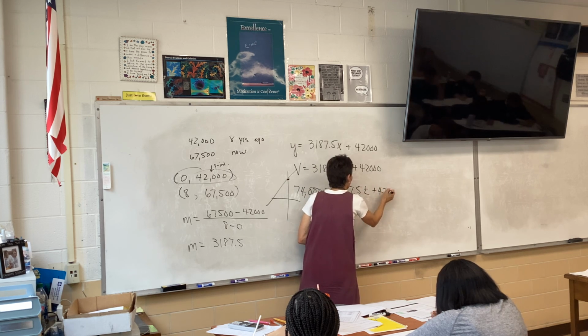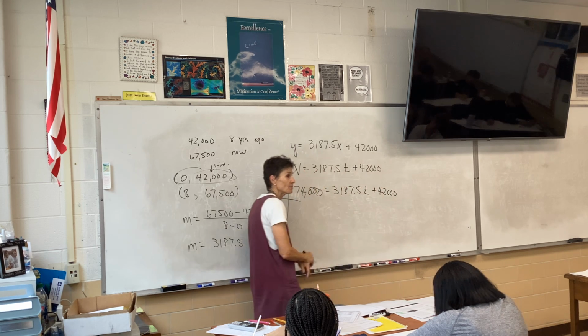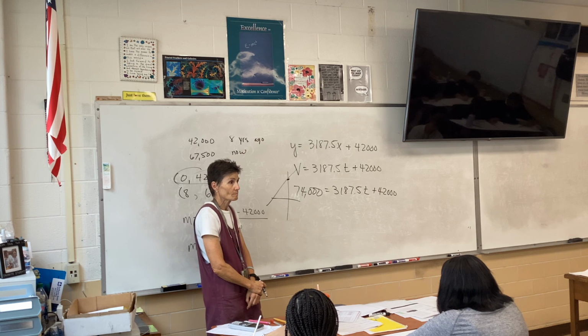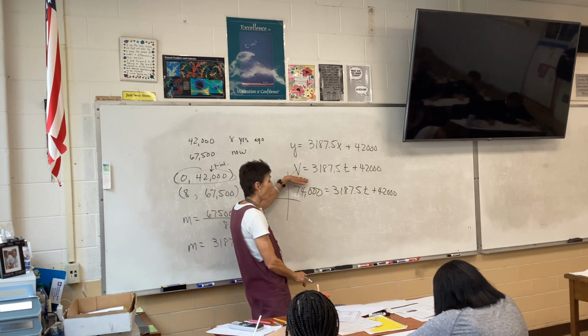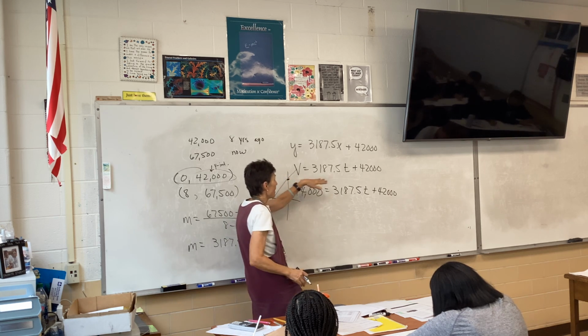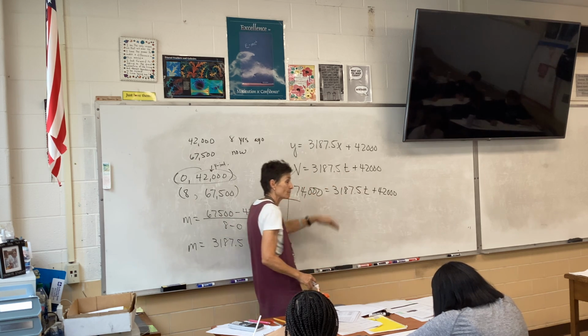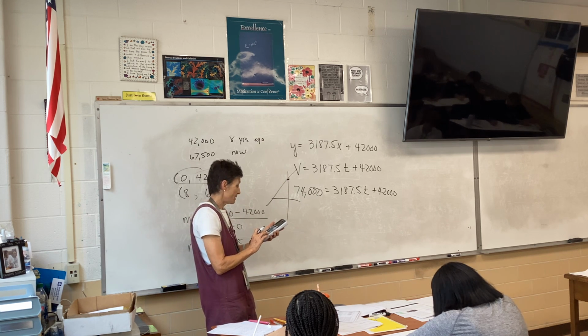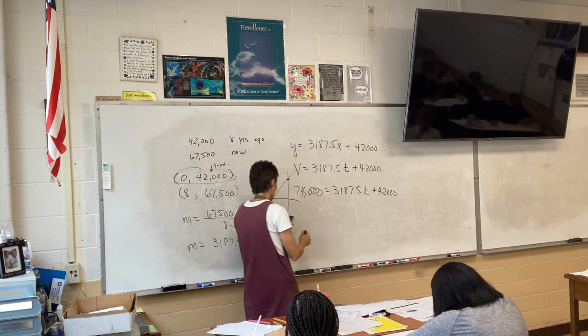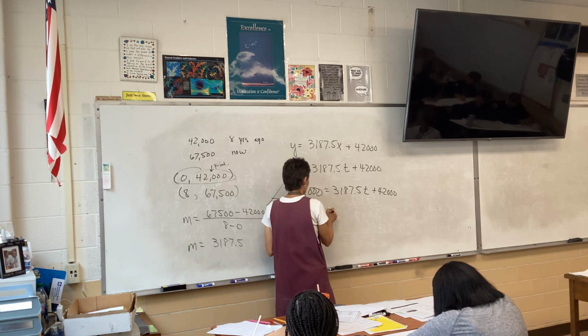And won't that give me a t-value then? Remember, in your equation, the y's are the values and the x's are the time. So 74,000 minus 42,000 is 32,000.